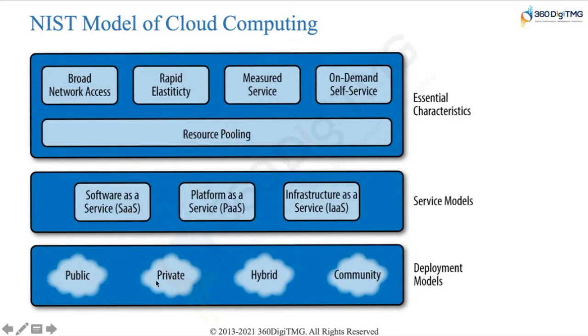Otherwise, the clouds are called private clouds. And if a cloud provides both public as well as private, it's called a hybrid cloud. And there are community types of clouds. Community clouds means these clouds are not enterprise level clouds like AWS, Azure, GCP.